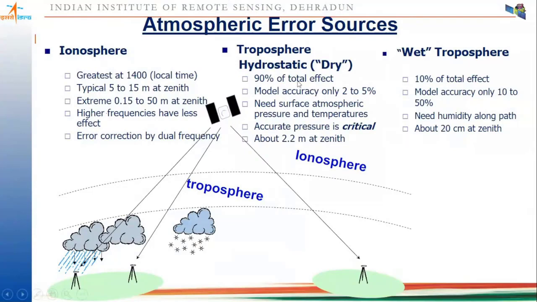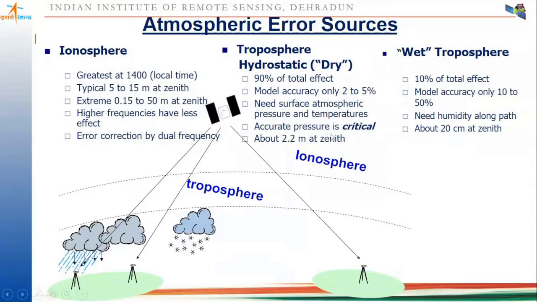On the other side, for the troposphere there are two types of delays, dry delay and wet delay. Dry delay is almost 90% of the tropospheric delay, and it needs atmospheric pressure and temperature.